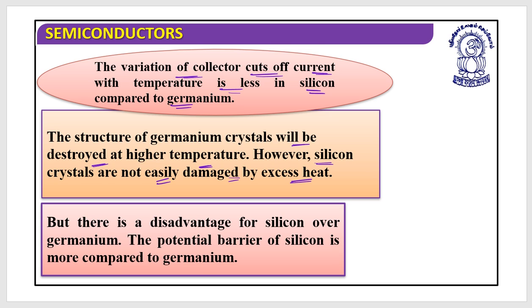But there is one disadvantage of silicon over germanium: the potential barrier of silicon is more than that of germanium, and when the potential barrier is more, you need to apply a larger amount of energy to cross it. And when you need to apply that larger amount of energy, that means you need to provide a supply of higher capacity.